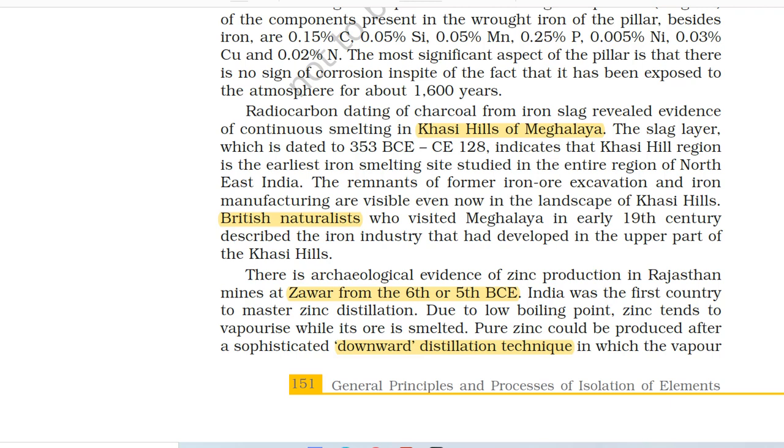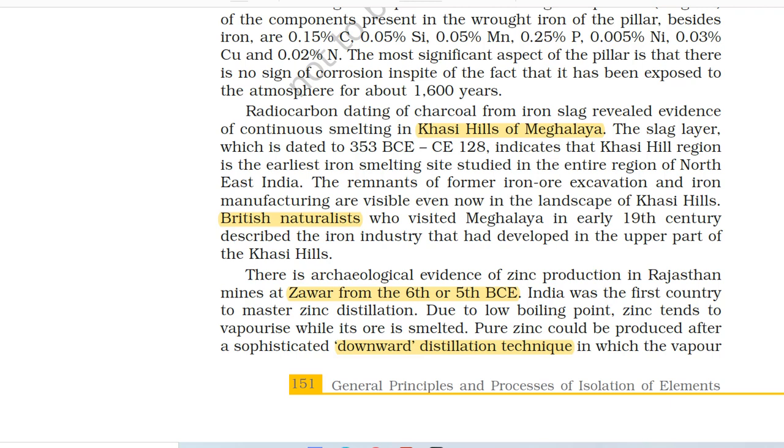The remnants of former iron ore excavation and iron manufacturing are visible even now in the landscape of Khasi Hills. British naturalists who visited Meghalaya in early 19th century described the iron industry that had developed in the upper part of the Khasi Hills.